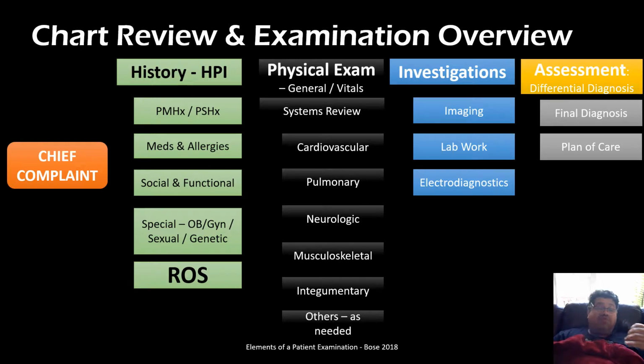Now, when you are reviewing a history and physical, it is important for you to know that a history and physical may not be current. A patient is in a dynamic state of change. That history and physical is true as of the time and date it was done.